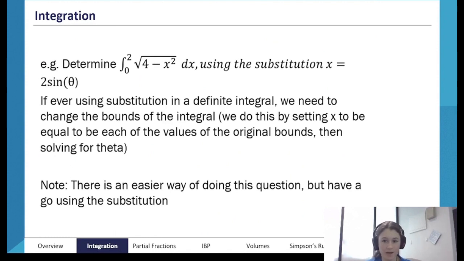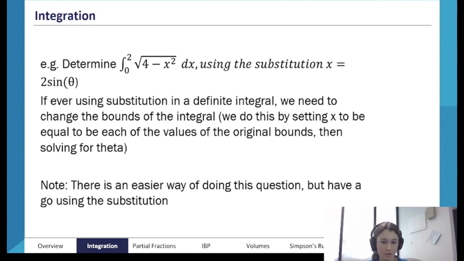Okay. Here is a more complex example. This is where we are finding the definite integral instead of the indefinite integral as we've been doing thus far.